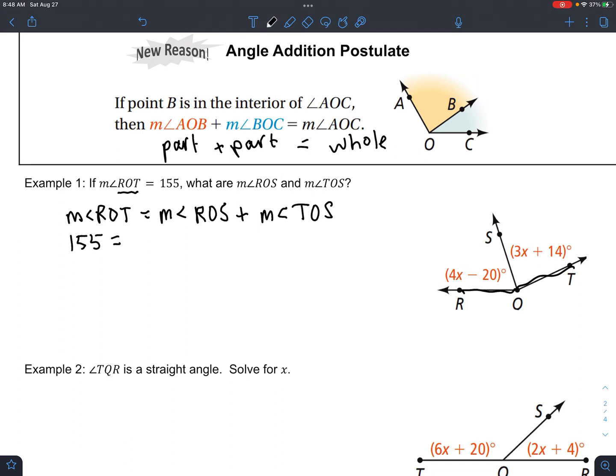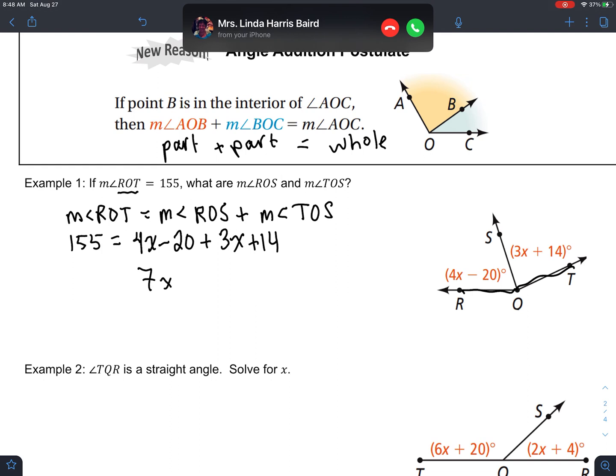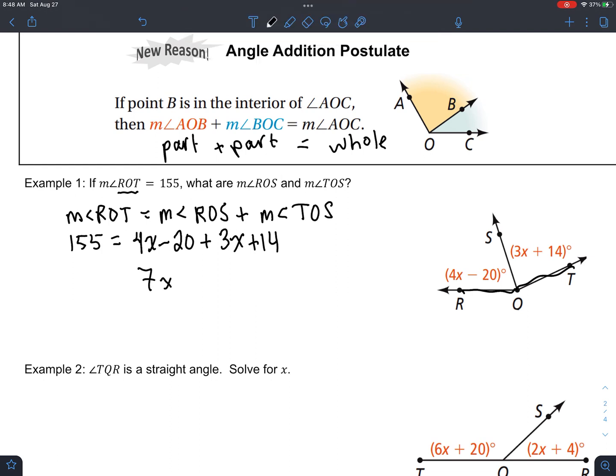ROS, its measure, its size, is 4x minus 20. And TOS, its measure, is 3x plus 14. So this is 7x minus 6. We'll just go through and solve this. I know you guys can figure this out.